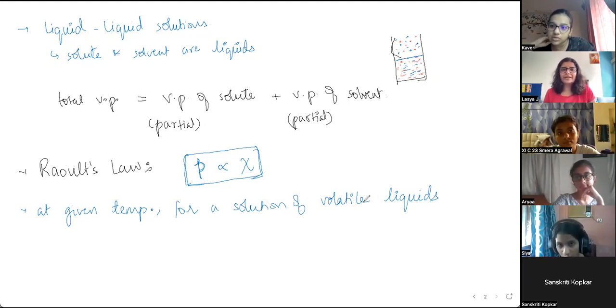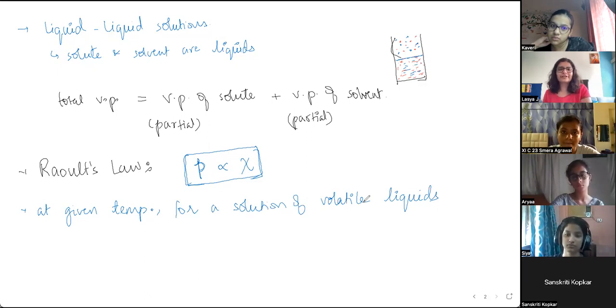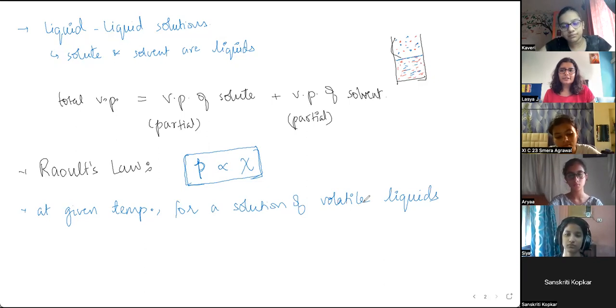We just took liquid solutions because it's a little more complex. Solids and liquids is simpler, so once we're finished discussing this, then we look at solids and liquids. Same with gas and liquids, the concept will be the same. For the gas, we already have Henry's law for the solute part of it: the partial pressure of the gas is directly proportional to its mole fraction in the solution. So it's very adjacent to that concept.